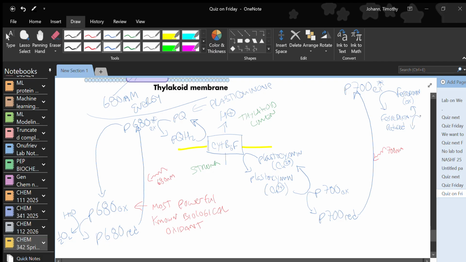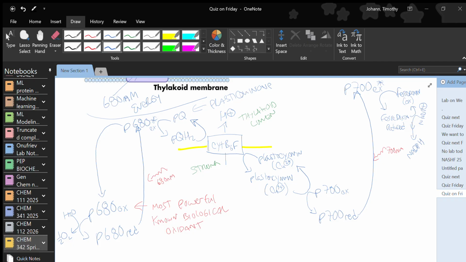So NADP+ interacts here and gets reduced to make NADPH. And that's our final electron acceptor for photosynthesis. It is NADP+ becoming NADPH.